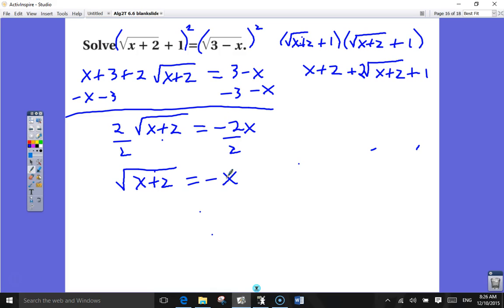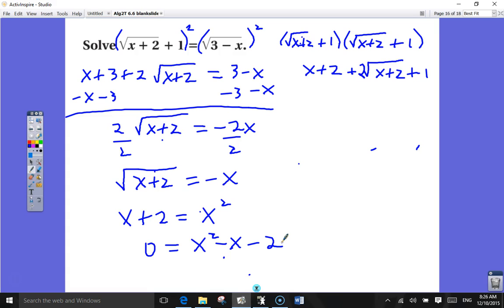What am I going to do to undo this radical? Square both sides. So I'm going to get x plus 2 equals x squared. Right? The negative times negative goes away. And now I can solve that by factoring. 0 equals x squared minus x minus 2. So you're left with a quadratic, and you've got to solve it like a quadratic.